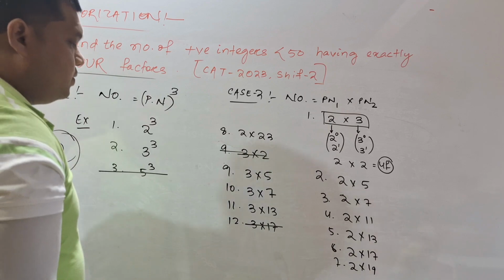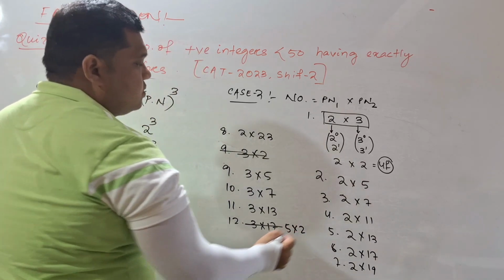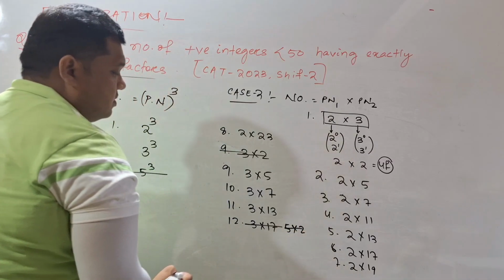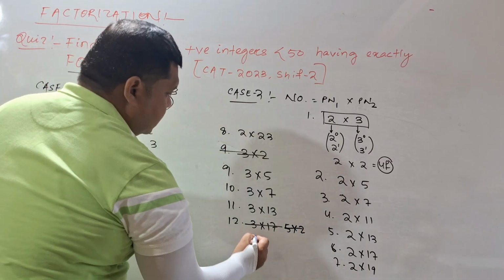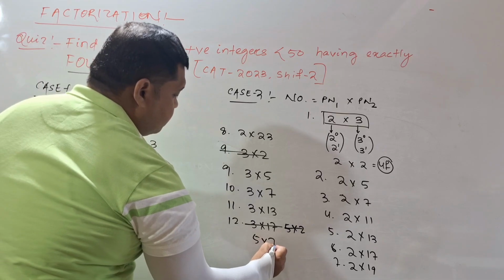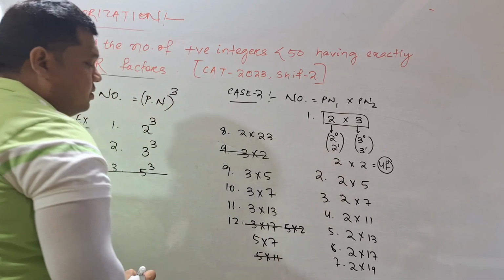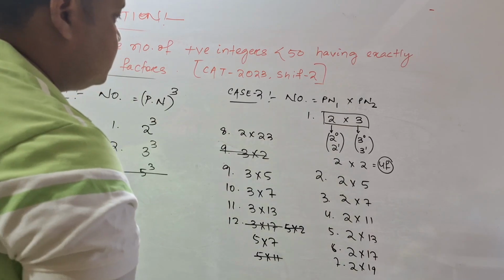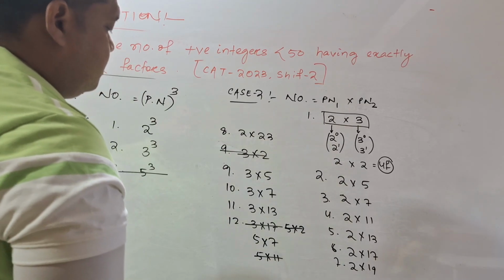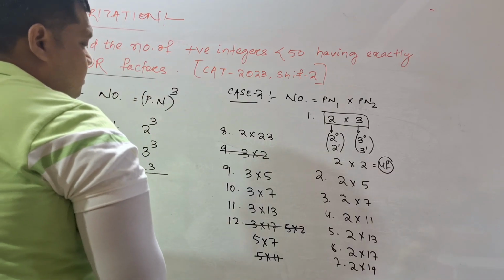Next combination, 5 into 2 is already used, not possible. 5 into 3 is also used, so 5 into 7, 35, but 5 into 11 is not possible. So here you have how many solutions? 5 into 7 is the 12th solution.